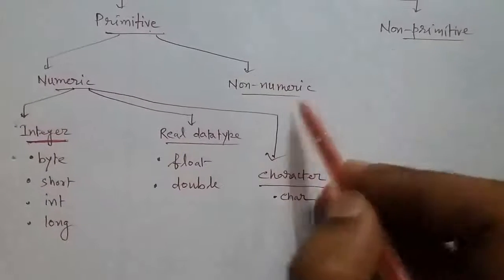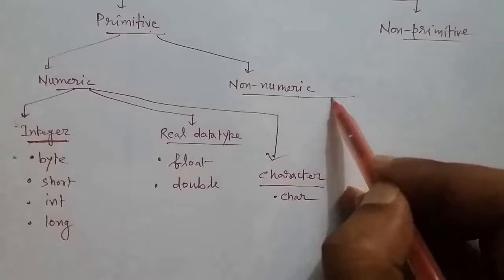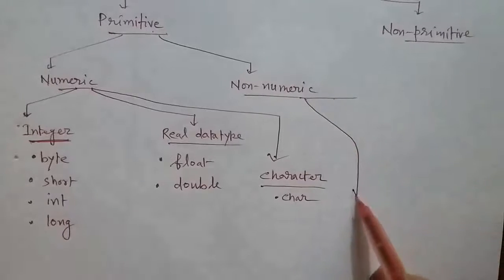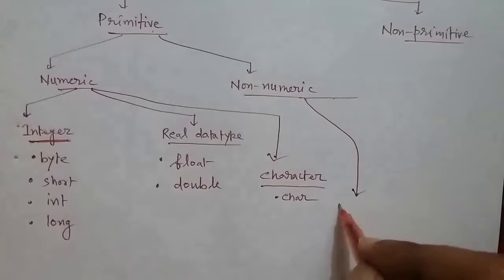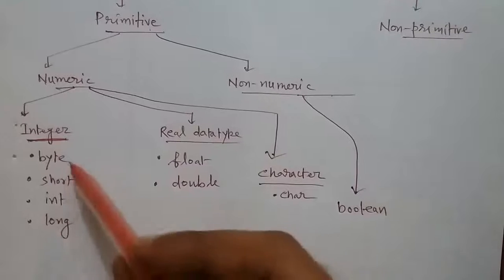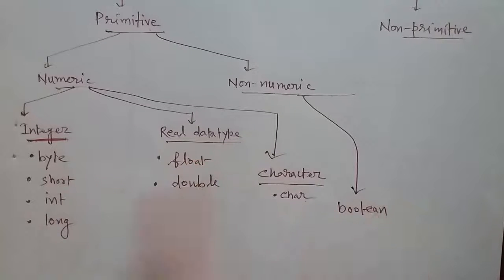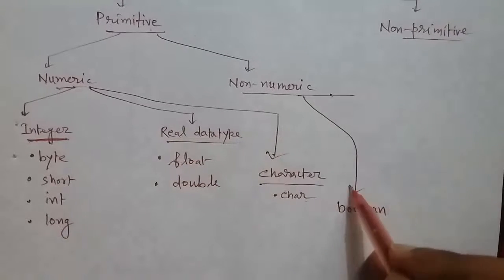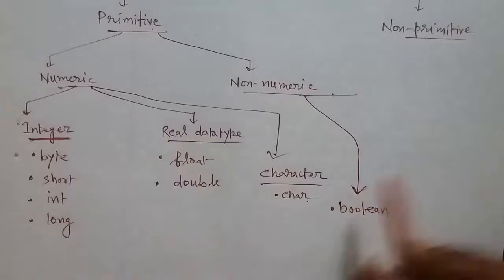Next one is non-numeric. Non-numeric data types are only one type, that is Boolean.